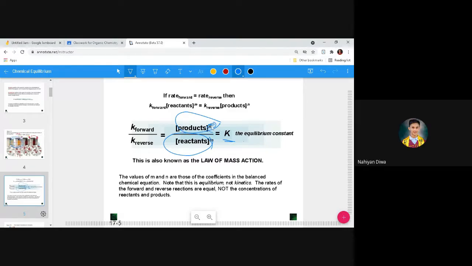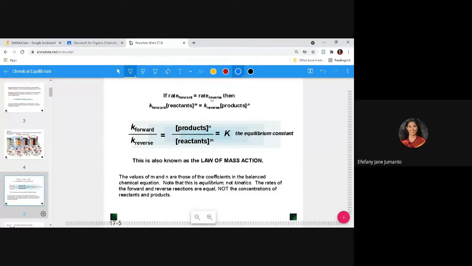And in kinetics, we cannot directly look at the value of the reaction order just by looking at the stoichiometric equation; it must be obtained from experiment, right, class? Yes, ma'am, experiment, to get M and N. But here, unlike in kinetics, in equilibrium we can get it from the coefficients.